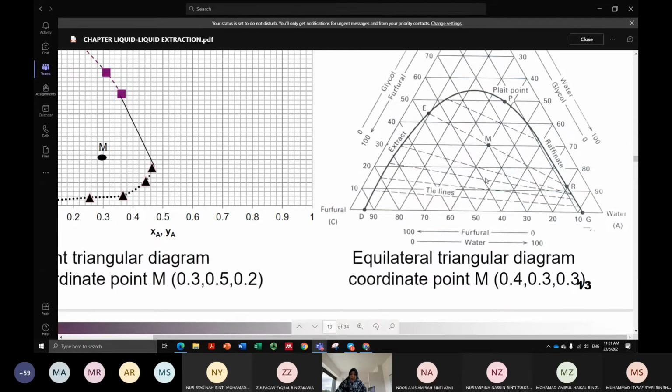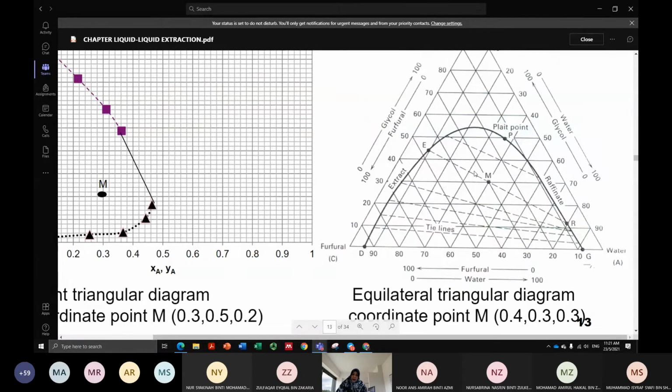So please practice. Let's say I would like to know the coordinates for the plate point.